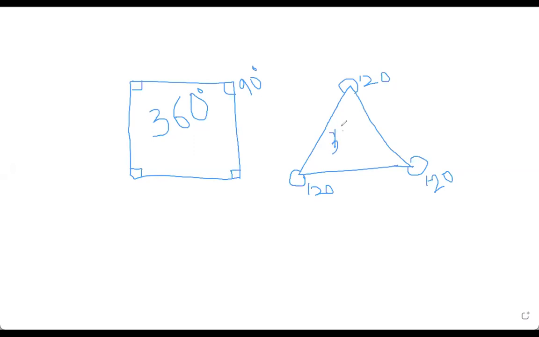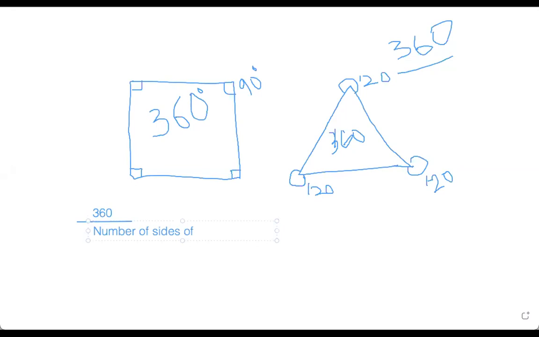So even the total here is 360. Now if you want to get these angles, you take the number of degrees, which is 360, and divide by the number of sides of your shape.